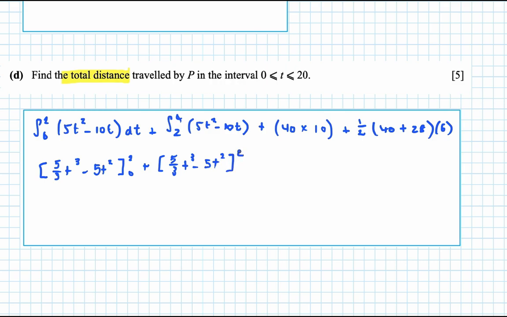Then 4 and 2. So plus 400, plus 204. And add them all together, and you'll get your distance of 644 meters.